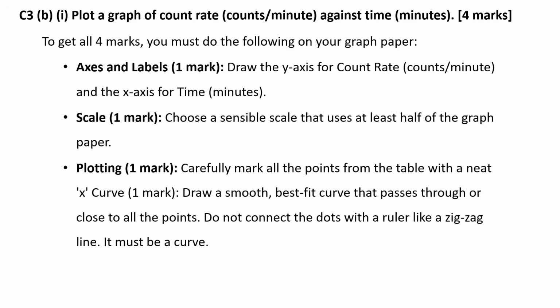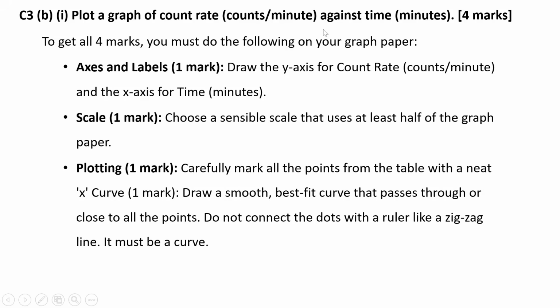Then let's move to the next question, which is C3B1, where they are asking to plot a graph of count rate against time, and this is 4 marks. For you to acquire all these 4 marks, you must do the following on your graph paper.